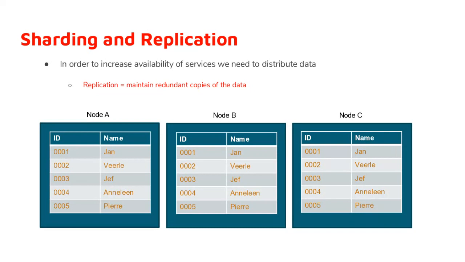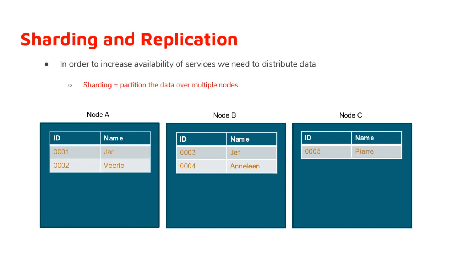If you want to make it highly available so that everyone can always read that table in a fast way, and you have millions of users who want to access the same data, then you just copy that data over different servers. In that way, even if you have millions of users at the same time, if you have enough computers and the data is replicated, every user can always access that data. So that's one way to design a system.